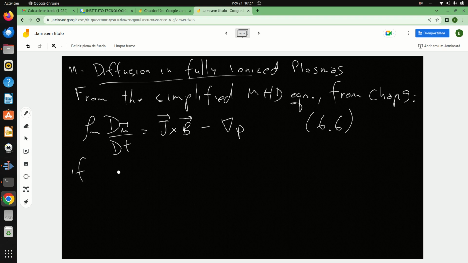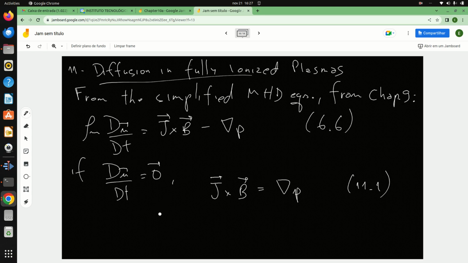If we consider stationary solutions, then we have J cross B equals gradient of pressure.